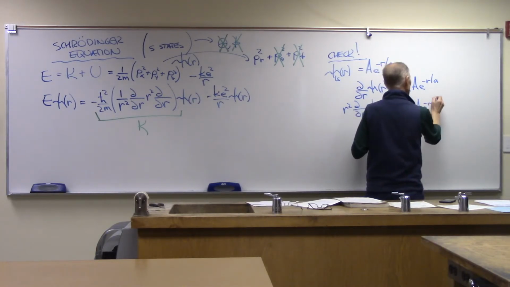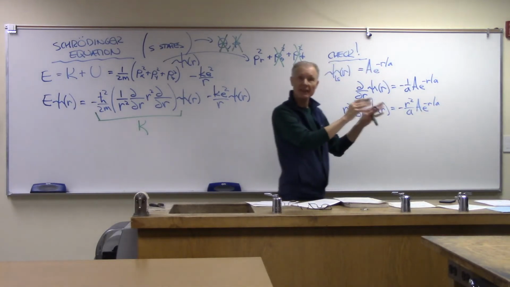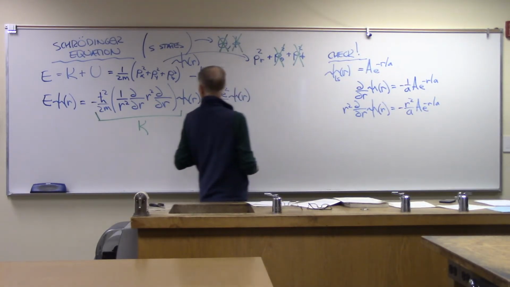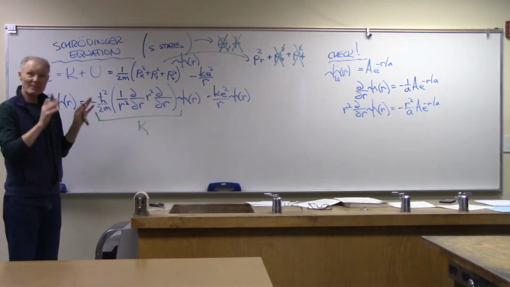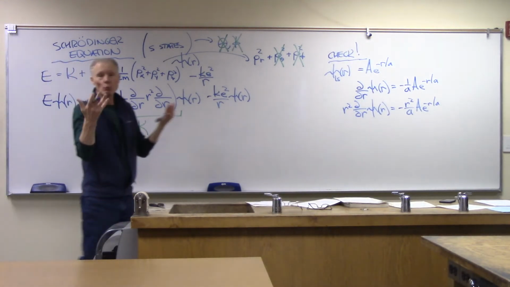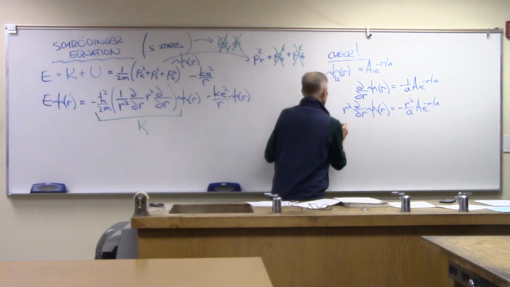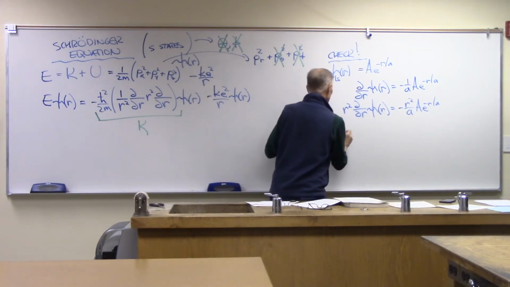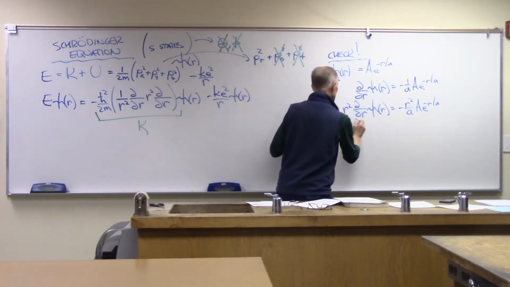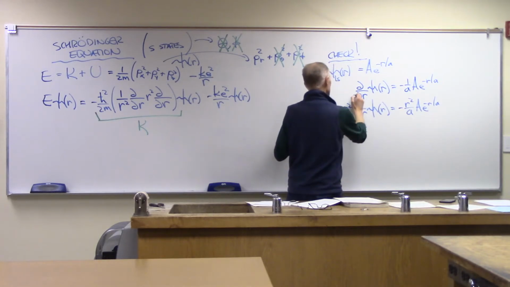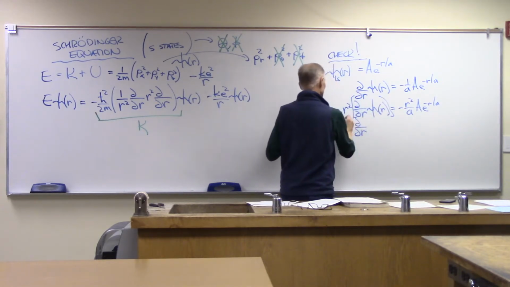I can still see the original wave function in there, but now it's got some factors out front. What was the next step? The next step is to take another partial derivative with respect to little r. So let's do that operation also.